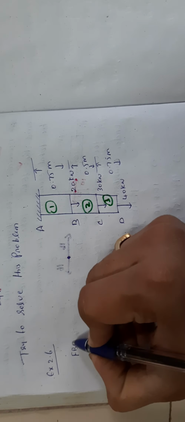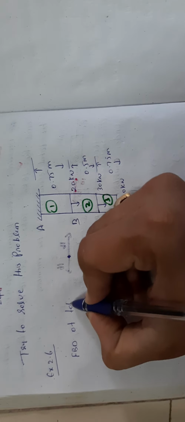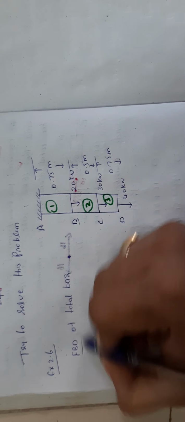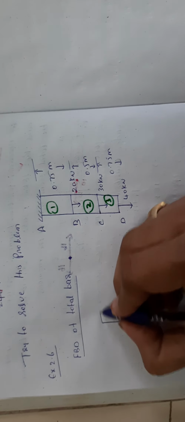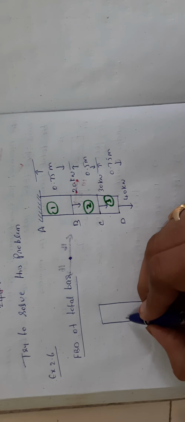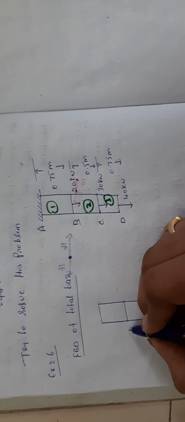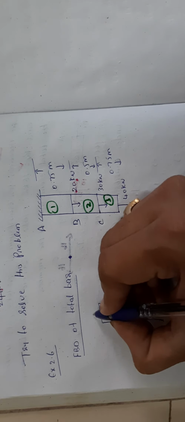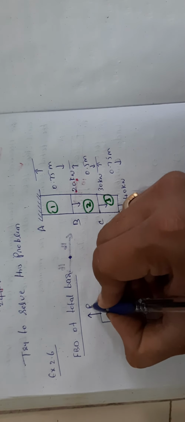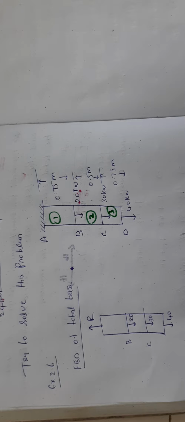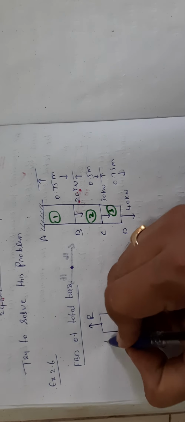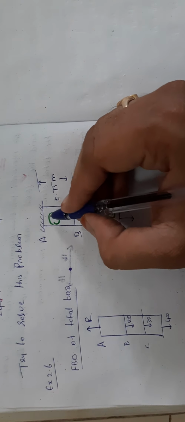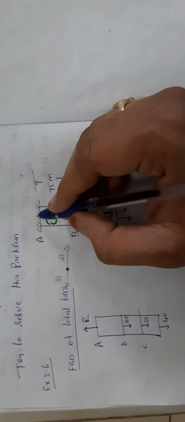So when you draw the free body diagram of the total bar, so I'm taking the total bar. So here it is B, C, 40, 30, 20. So there will be a reaction force here. This is the reaction force R, which is acting vertically upward at section A, because it is supported, right? It is supported means there is a reaction force from the ground.